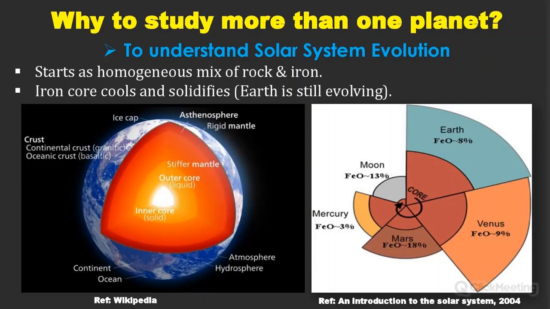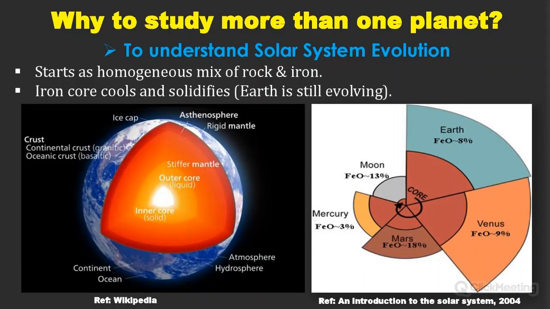As you can see in this figure, in this inner terrestrial planets, I have also included the Moon. What you can see here is that each planet is different. The initial ingredients for each planet are the same. Then why is it that every planet evolved in a different way? To understand this, we have to study more than one planet, and we have to go for the approach of comparative planetology.